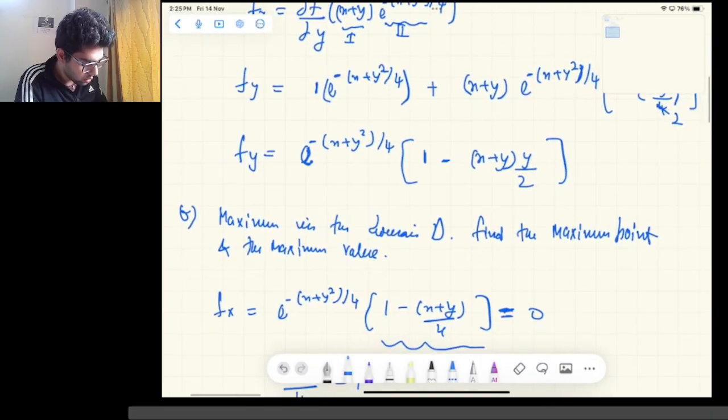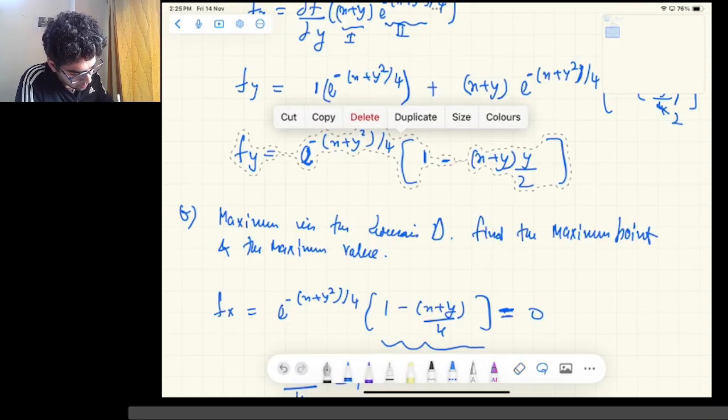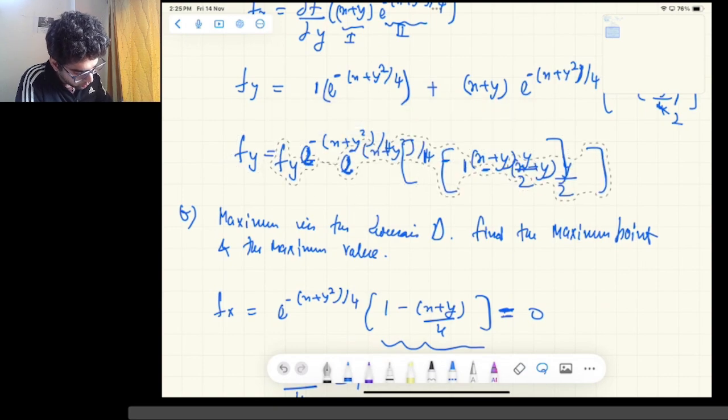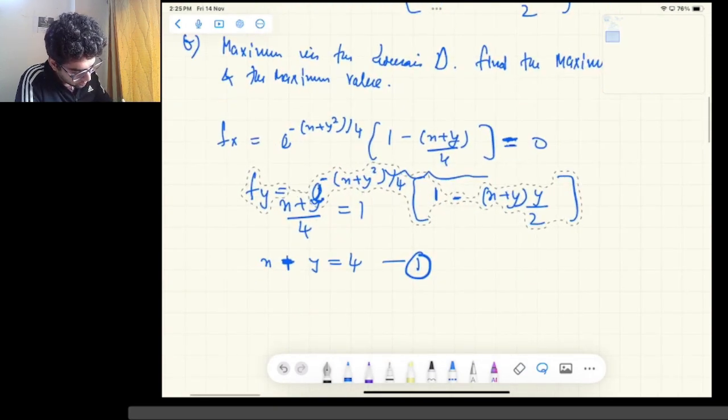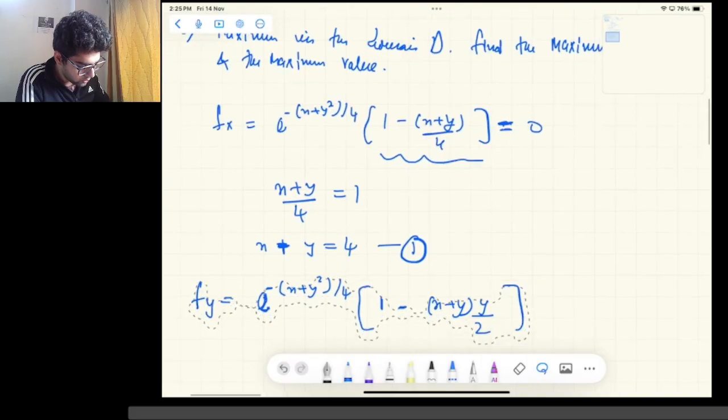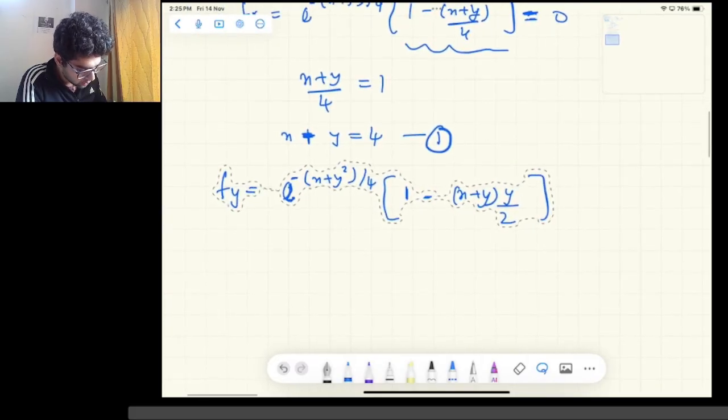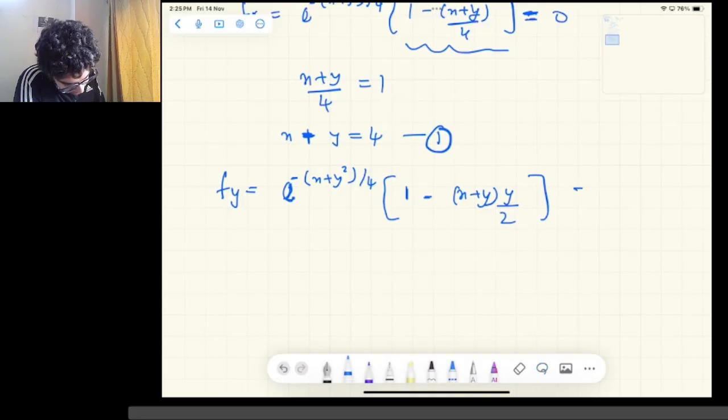Now I'll use the second expression to find an equation between stationary points. I'll equate this to 0, right? This partial derivative with respect to y, I'll equate it to 0 to find the second equation. So equating this to 0. Now again this cannot be 0.